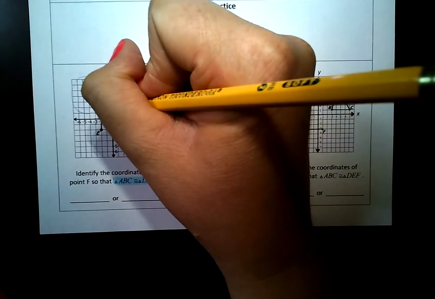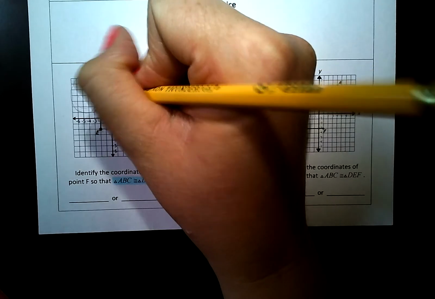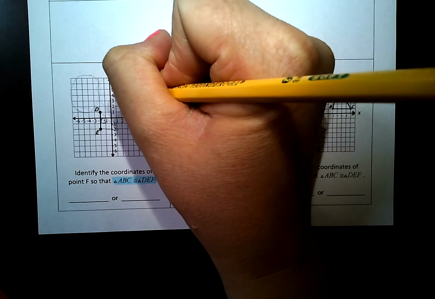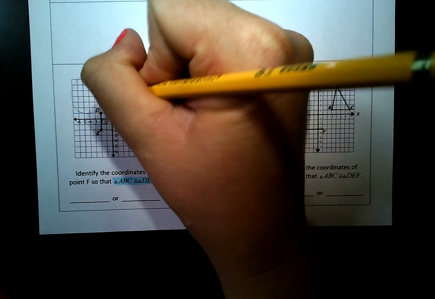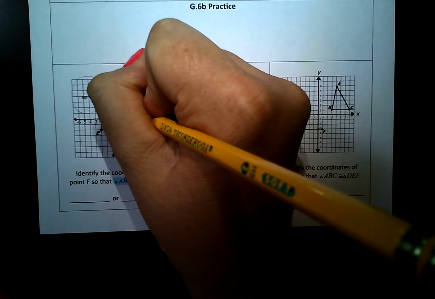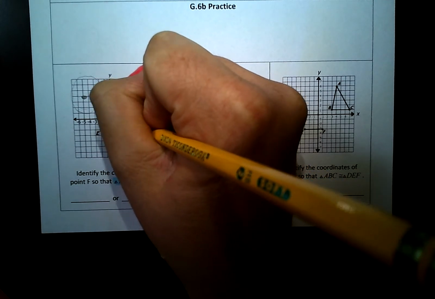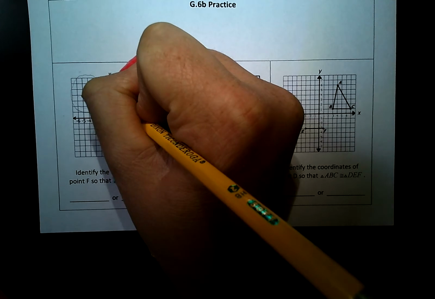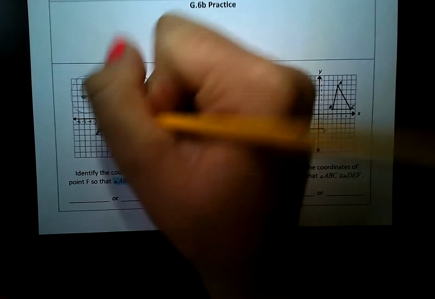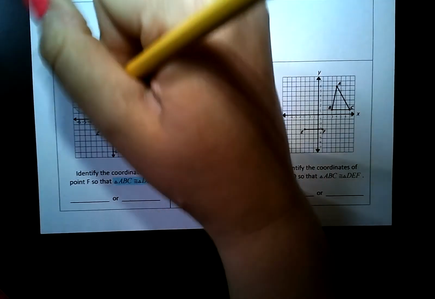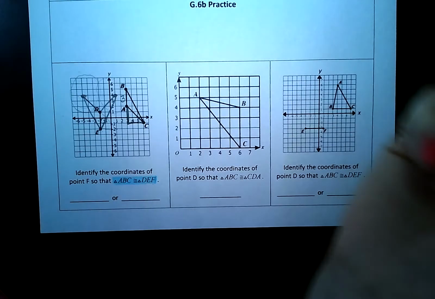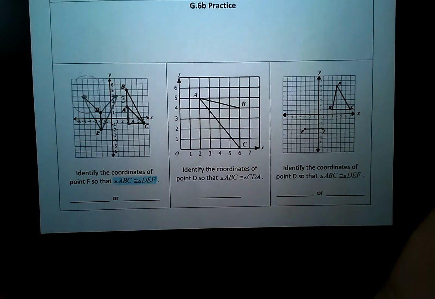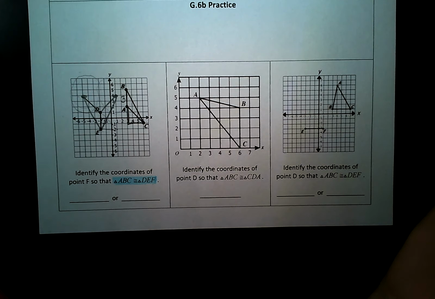I need to go up 3, right 3, or maybe up 3, left 3. We don't know. It's a wide open question. But by following the same pattern it took to get from A to C on this triangle, I'm going to be able to form a congruent triangle, and I don't know which direction it's going to be facing. So I actually get 2 possibilities of where to put point F.